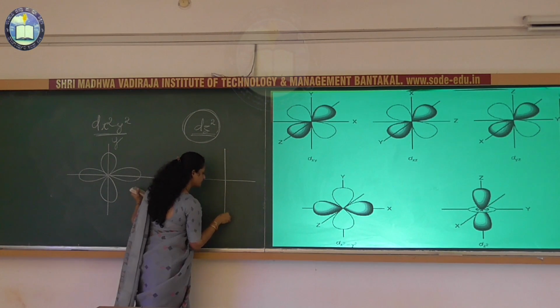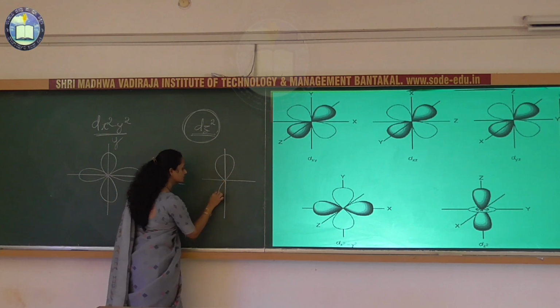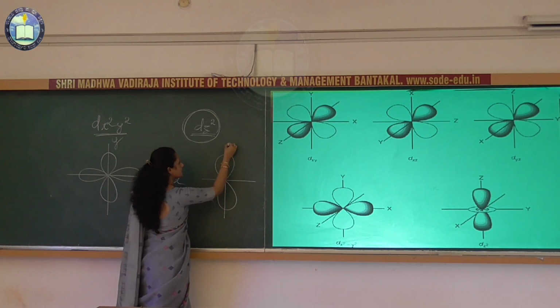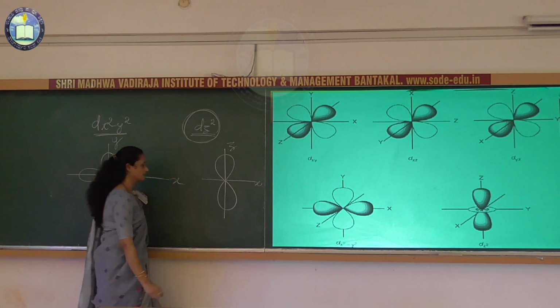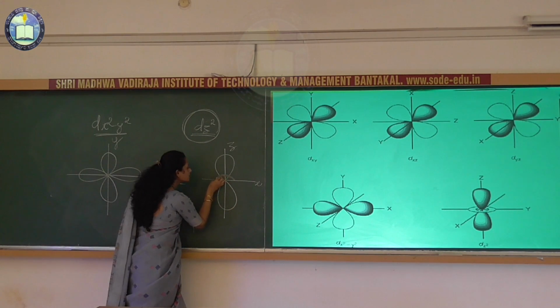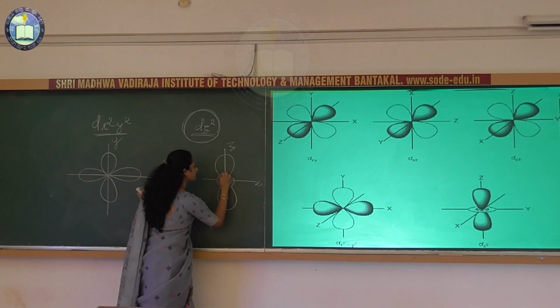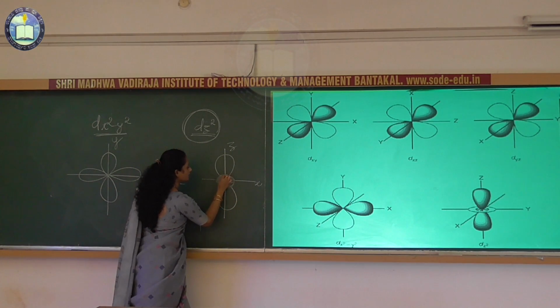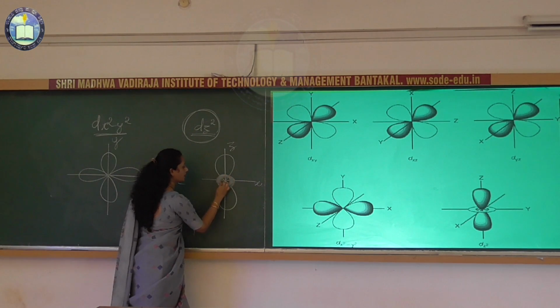Take the z axis. Okay, show the lobes. For dz square, lobes on the z axis; x or y axis you can take. Then here we have to show one circle like this. There is a donut-like shape.